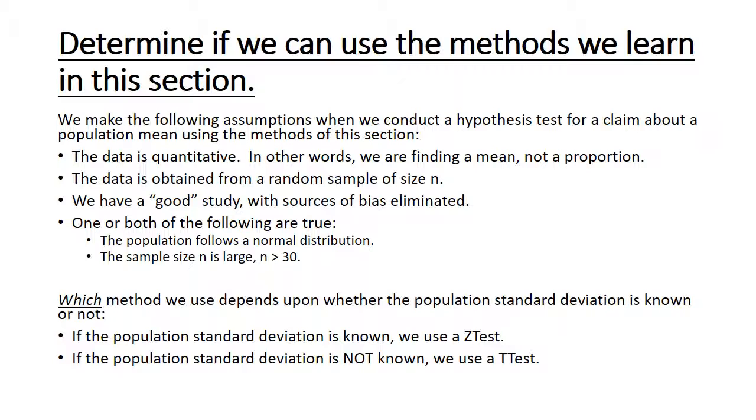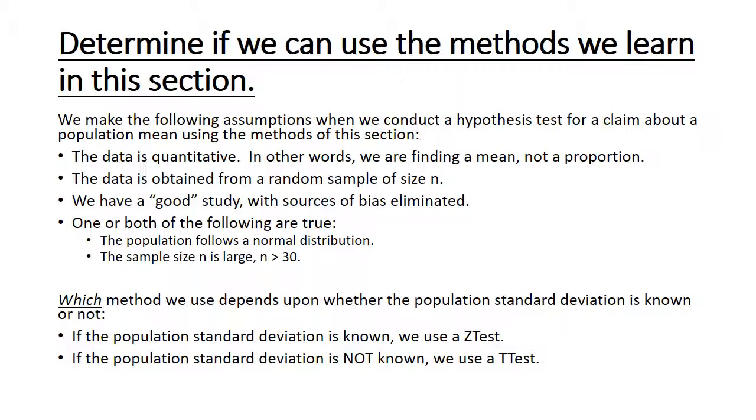It clusters around that true population mean, and the standard deviation is sigma divided by the square root of n. Population standard deviation divided by the square root of the sample size. If you know the population standard deviation, then we can use that normal distribution, that z distribution, to conduct our hypothesis test. We'll use what's called a z-test in our calculators.